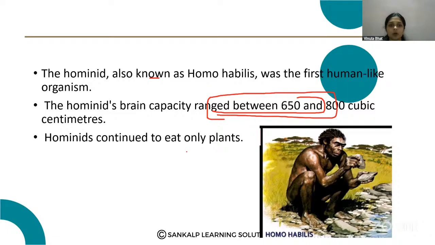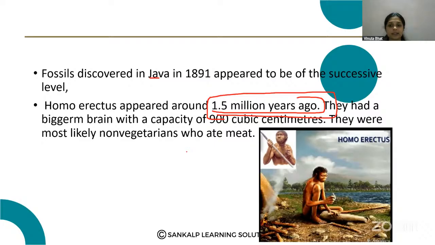Okay, Homo habilis. Then here, Homo erectus. In the exam they will ask you to write the characters, when they appeared. So 1.5 million years ago, Homo erectus appeared. Okay, so 1.5 million years ago.